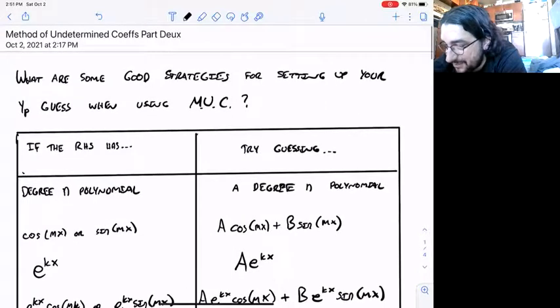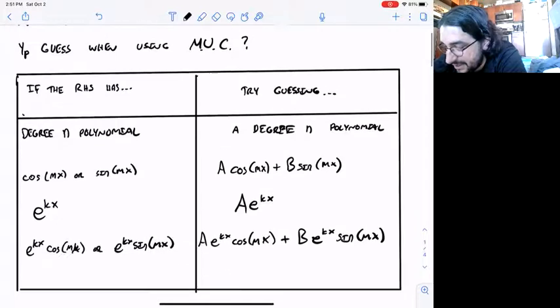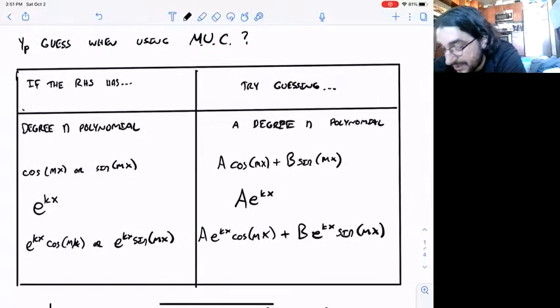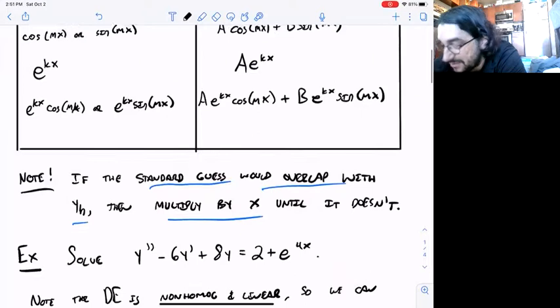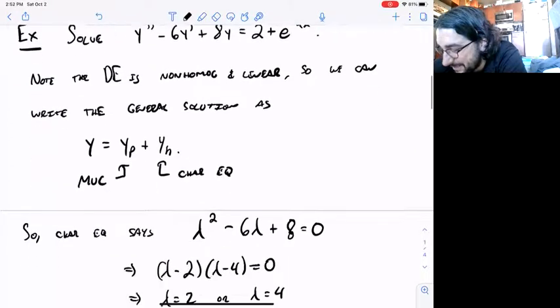So there we go. That was a more complicated example. These are good guidelines in general for how to pick: what you see in the right-hand side, you see a term that looks like something in particular, replace it by these general forms in the right column. But you might find some overlap between y sub h and the standard guess. So then you just multiply by x and try again. And that's what worked here.